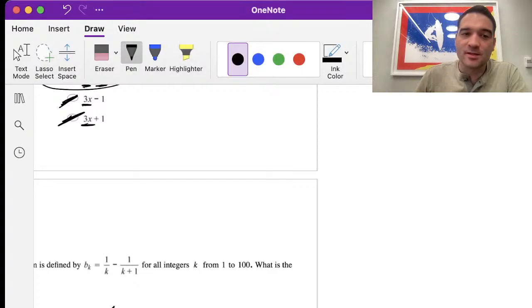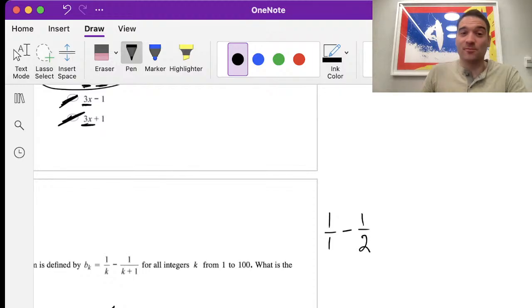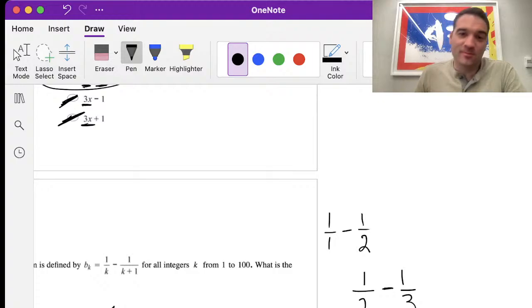The first term is 1 over 1 minus 1 over 2. The second term is going to be 1 over 2 minus 1 over 2 plus 1, or 3. The third term is going to be 1 over 3 minus 1 over 3 plus 1, or 1 over 4.